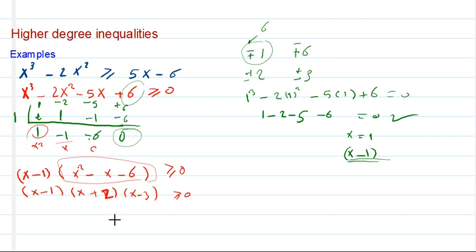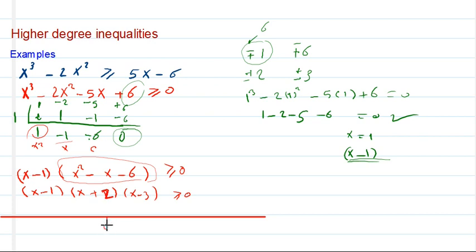Now we need to check for the solutions for the signs on the number line. So the points of interest are 1, -2, and 3.